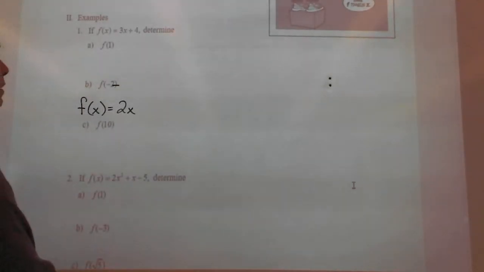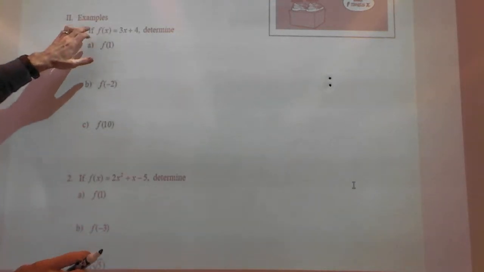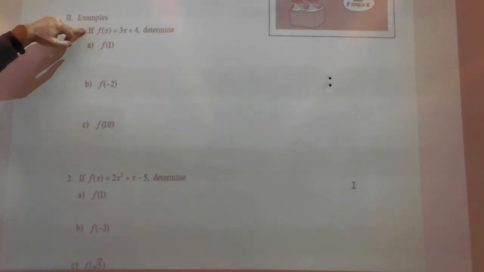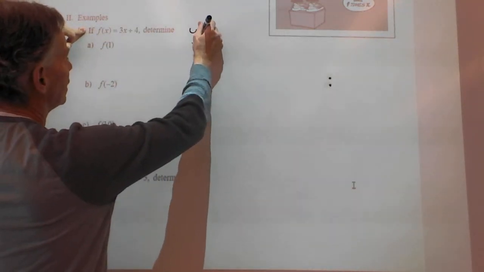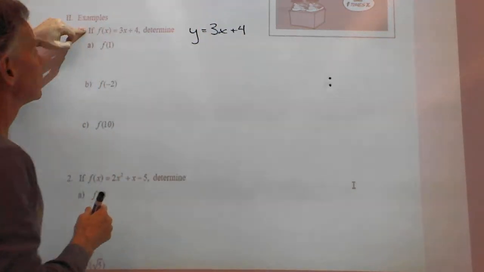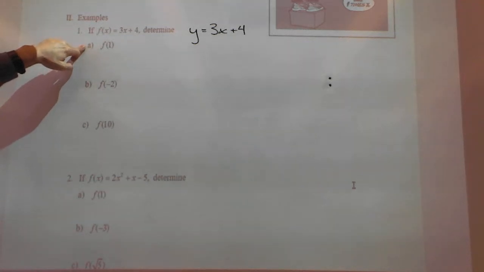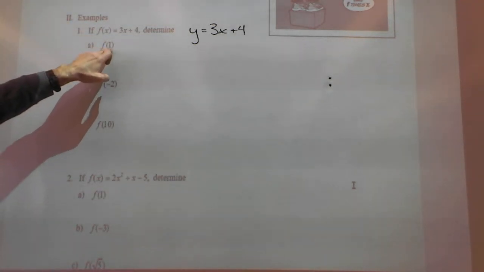So, it says here, if f at x equals 3x plus 4. That's exactly the same as saying, if y equals 3x plus 4, and then it says, figure out, if f at x equals 3x plus 4, what would f at 1 be?